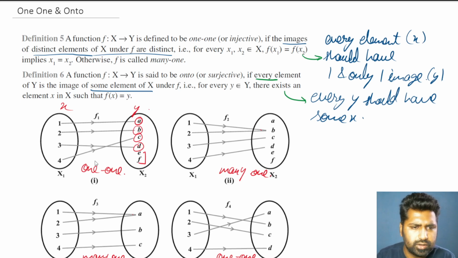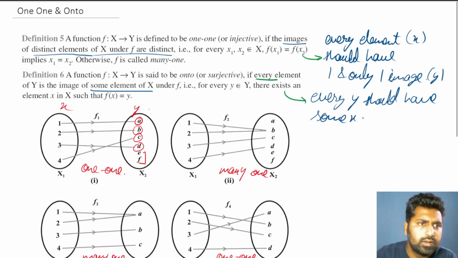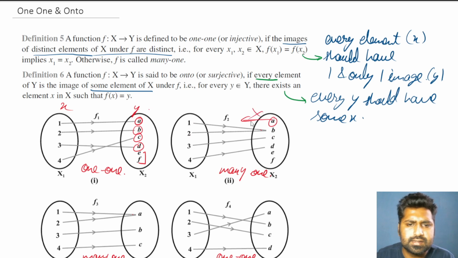So this is not onto. This one has the same problem. B has some x, they are different but it has some x. We are not bothered whether they are same or different, 2 values or 3 values. But the problem is this a does not have any x, so that's again not onto.